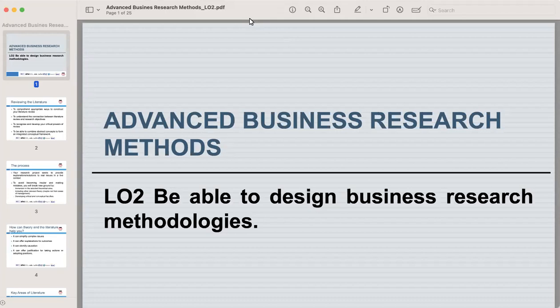Research, as you know, plays an important role in understanding various aspects of the business environment and making informed decisions. By developing effective research methodologies, we can ensure reliable and meaningful results that drive organizational success.